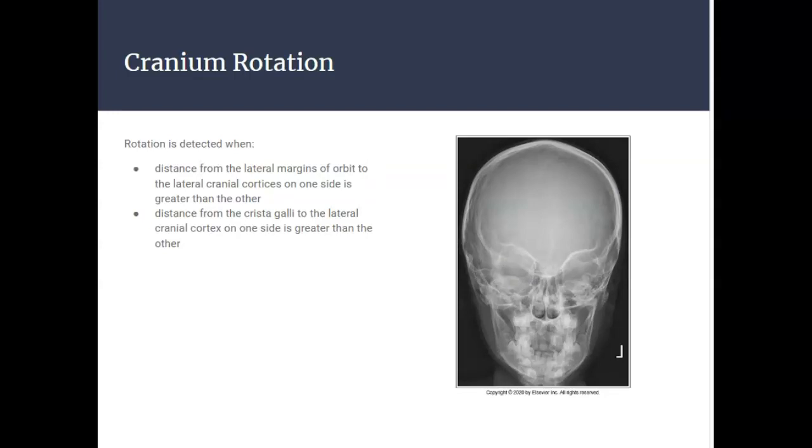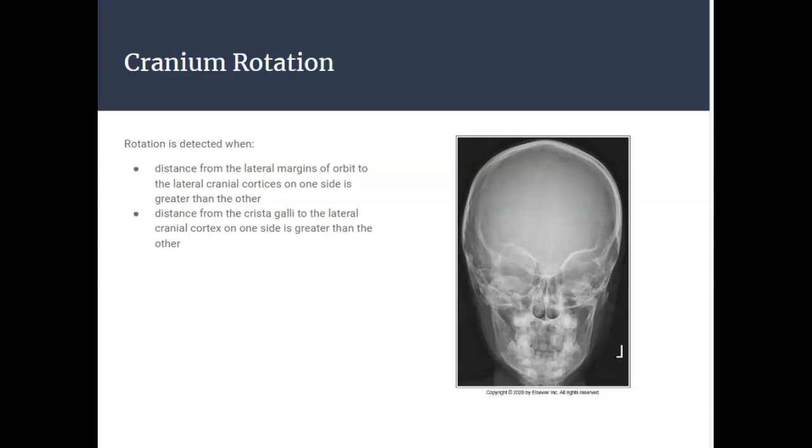So let's get into positioning errors of the cranium in relationship to the PA or AP axial Caldwell method. You're going to utilize the same landmarks as you do with a PA projection. We're going to look at the distances between the lateral margins of the orbit to the lateral cranial cortices.